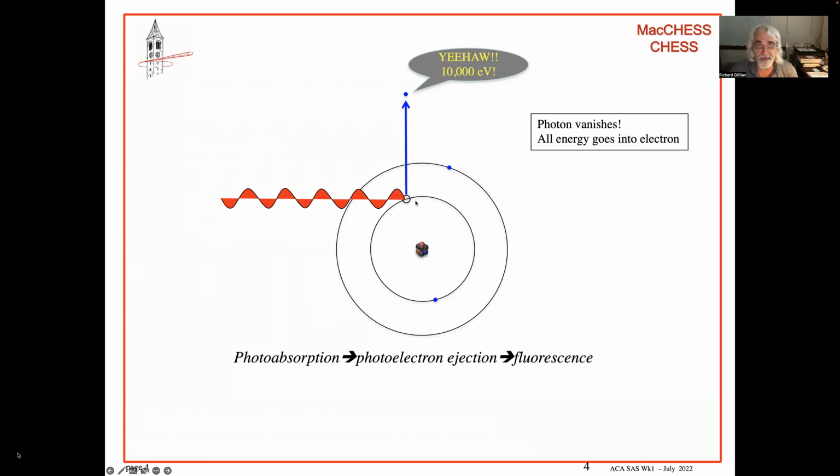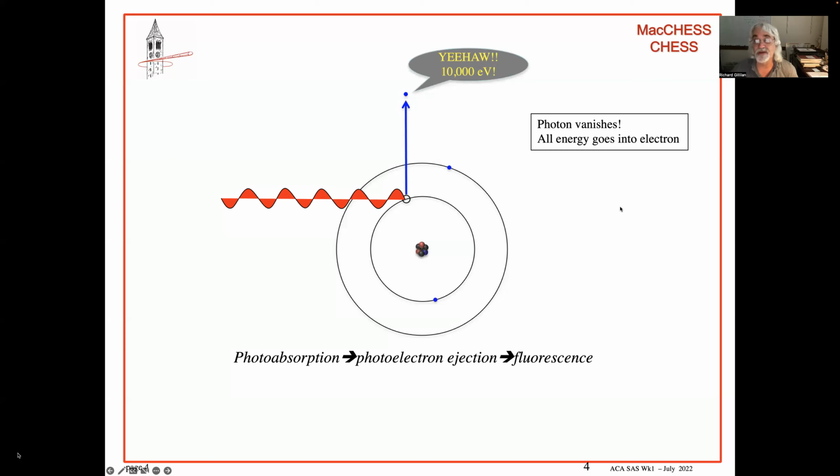The red X-ray comes in, it interacts with the electron and all of the energy of that photon gets absorbed. The photoelectron is now packed with 10,000 electron volts of energy, and of course it goes shooting off into your sample, wreaking havoc. This is photoabsorption that results in photoelectron ejection.